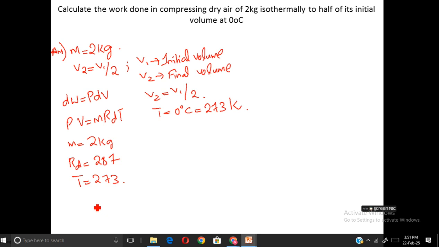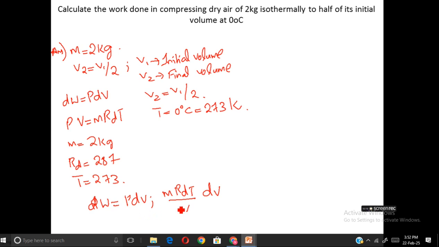Now if we substitute, dW is equal to PdV. From the ideal gas equation, P will be mRT by V. So dW will be mRT by V into dV.